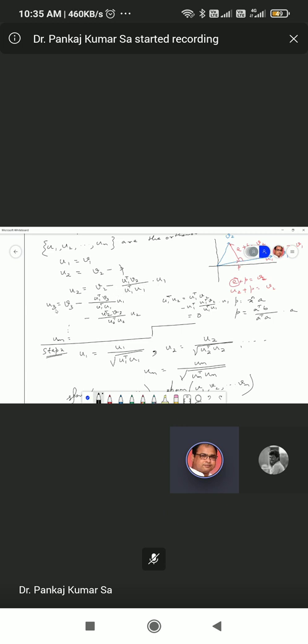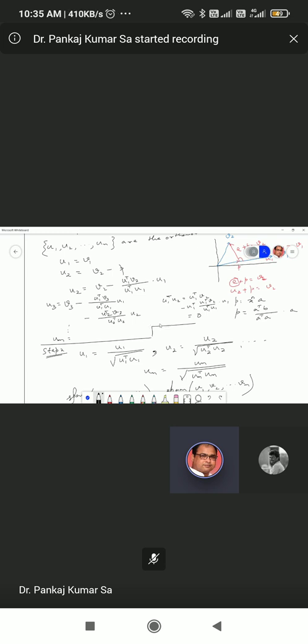Similarly, U3, is this not a linear combination of V1, V2, V3? U1, U2, U3 up to UN are all linear combinations of their counterparts V1, V2, V3, Vn.